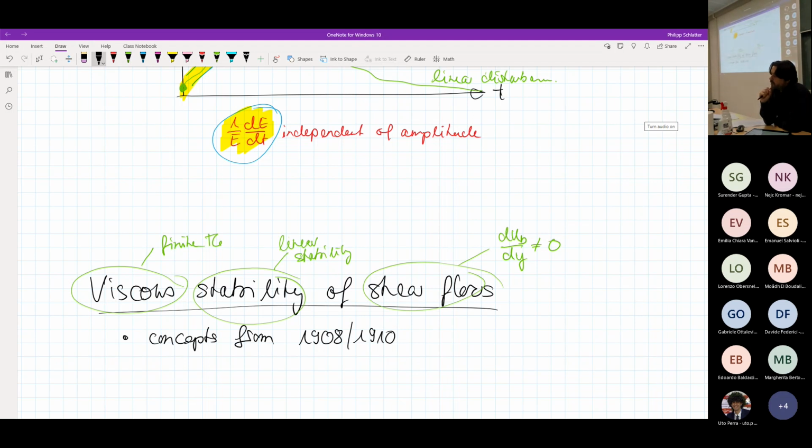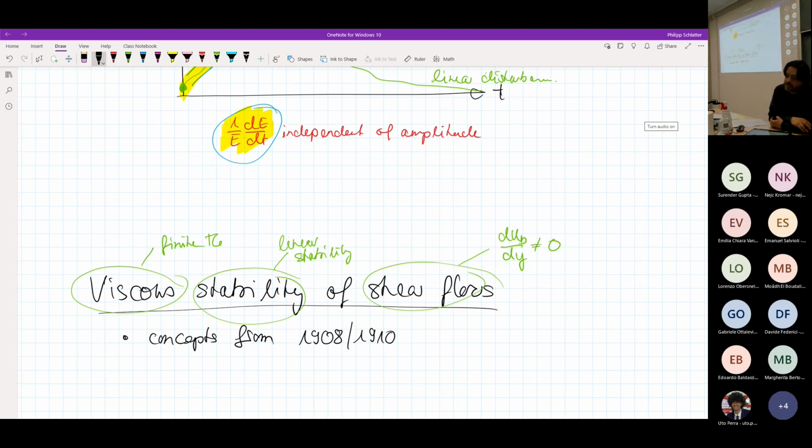The critical value was, I think, 1708. That's what you could predict from linear stability. And they did experiments, and 1710 was unstable, 1705 was stable. So there was an extreme success of using these methods for predicting the stability.